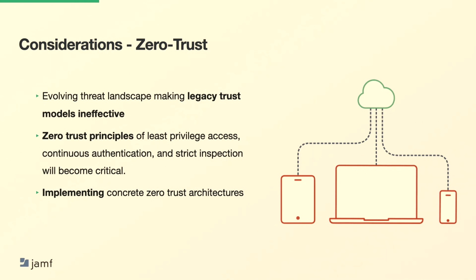So leveraging the zero trust principles of least privileged access, continuous authentication and strict inspection will become a critical consideration for business if they are not already on that journey of trying to apply the different elements of zero trust. Whether it's zero trust on device or zero trust over the network, these are all elements and principles that will help to tighten your security control within the business.